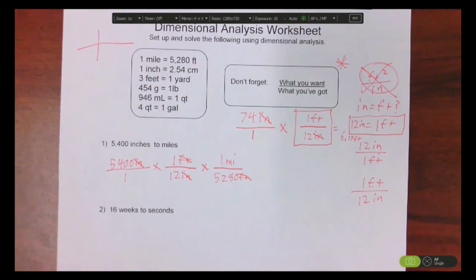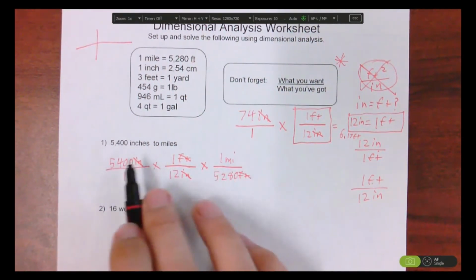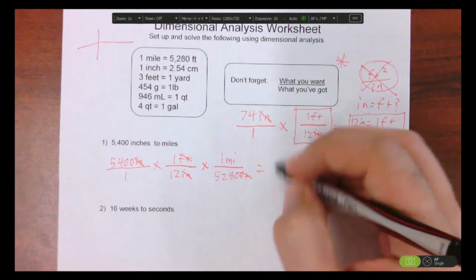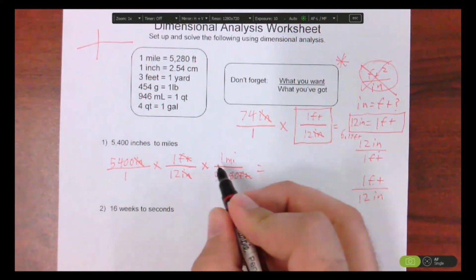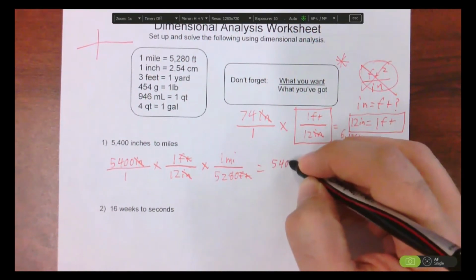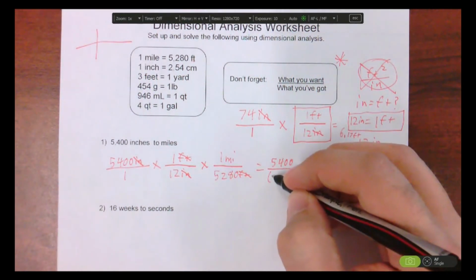Now how this would look in your calculator, okay? Well, obviously, if you know you're going to take the top multiplied together, this times 1 is going to be the 5,400. This is just a little extra stuff. I'm more worried about this on the test, okay? So 5,400, and then you got 12 times whatever that is. That's how it would look in your calculator.